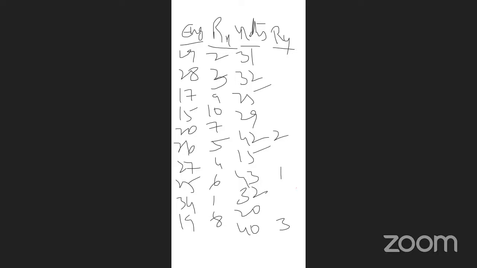So 4 plus 5 divided by 2 is 4.5, and 4.5 rank is to be given to 32 because 32 was repeated twice.